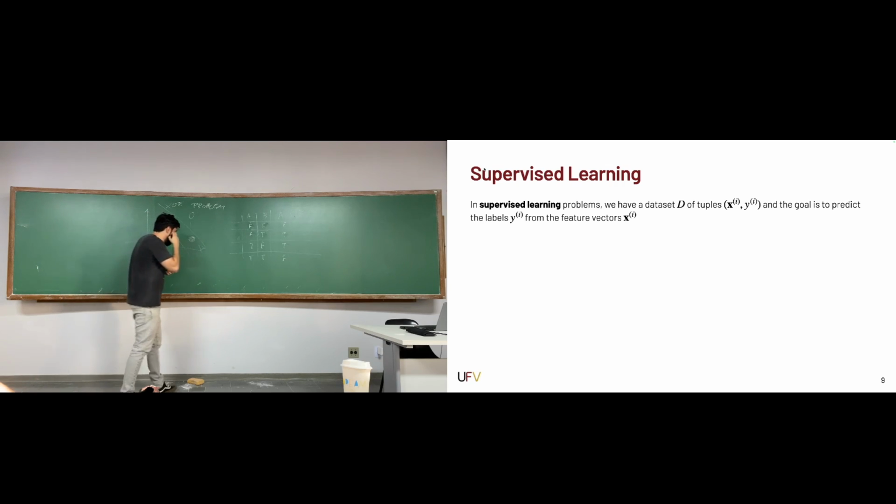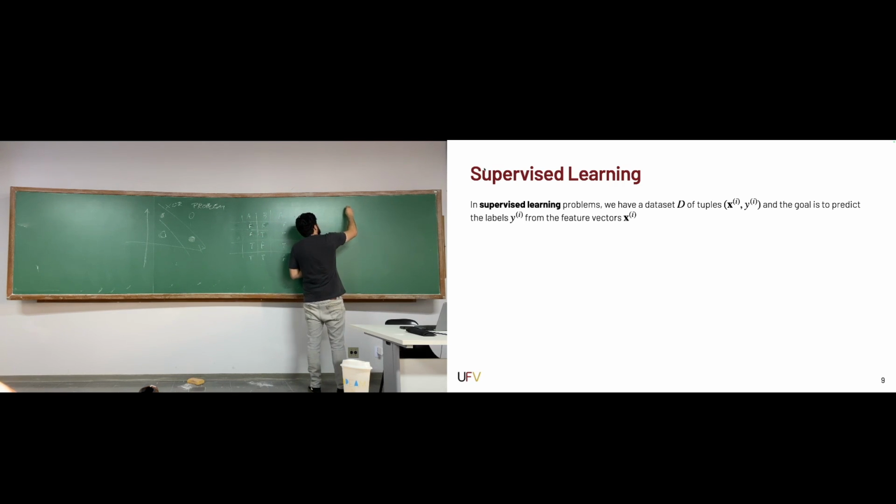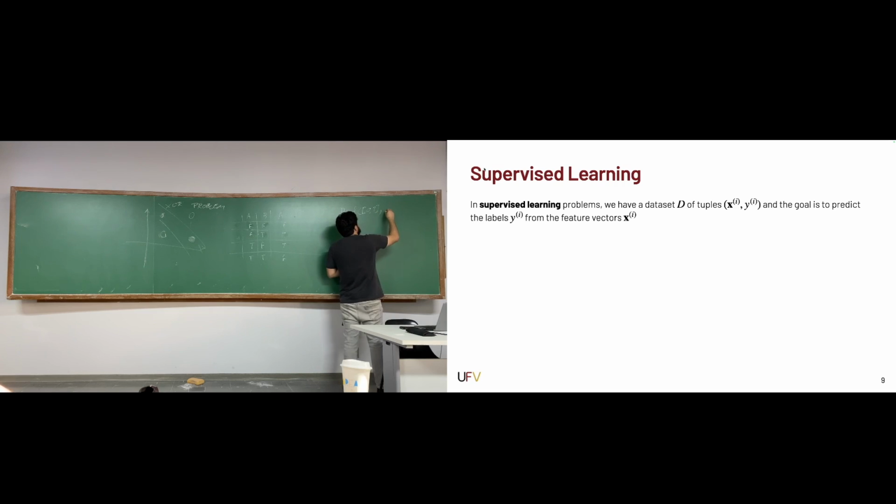So if I had, let's say, a data set D like this, the x here is a vector. Let's say this would be 0, 1. And the second element of the tuple is a label. Let's imagine it's 0. So this is our first example.